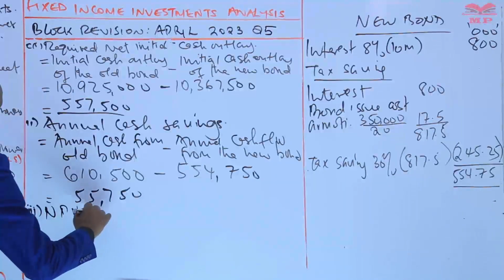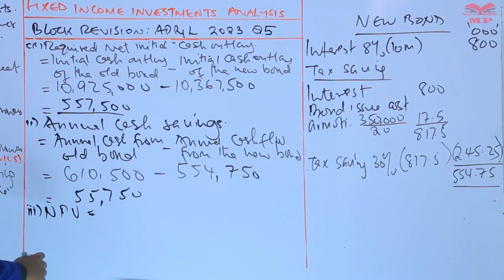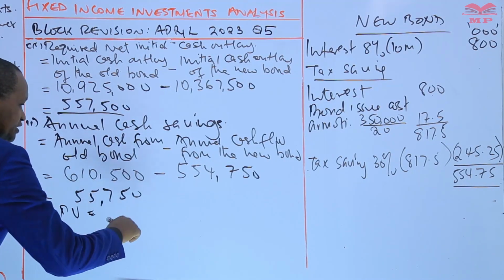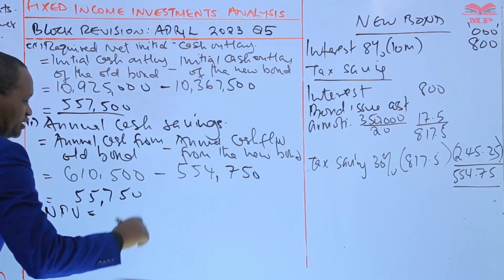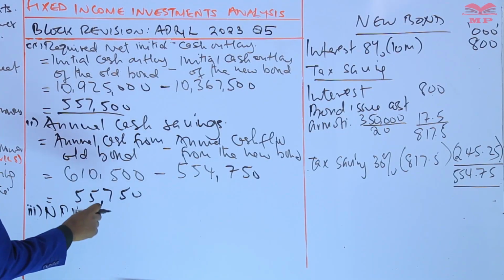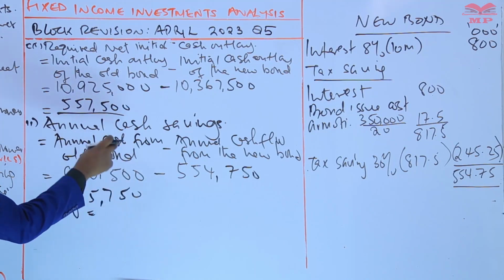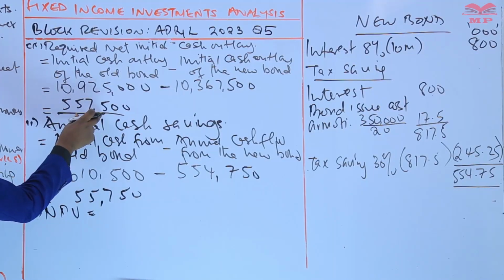NPV, candidates, we know, is equal to the present value of cash inflow minus present value of cash outflow. This is the inflow. The annual cash savings is the inflow. The required net initial cash outlay is the outflow.